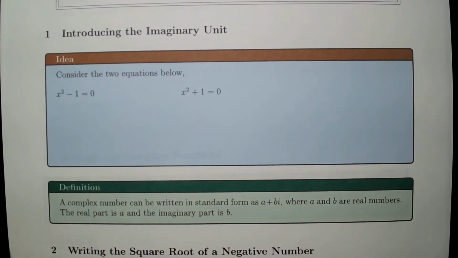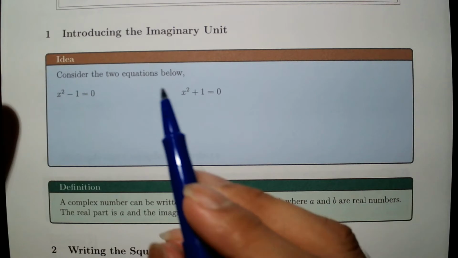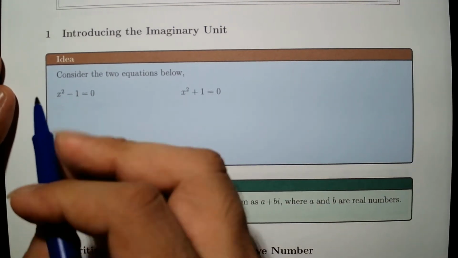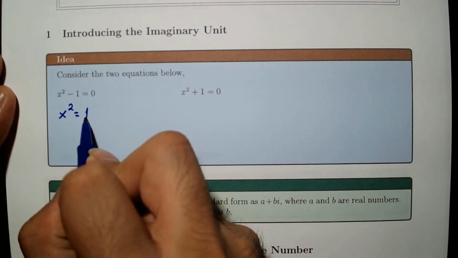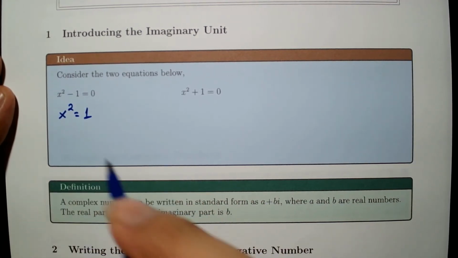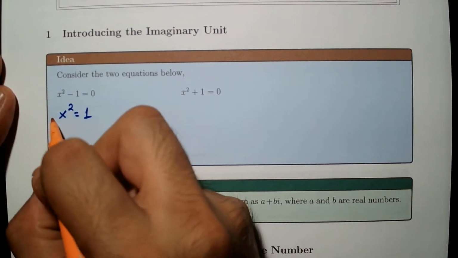Okay, let's consider these two simple quadratic equations. In this case, if we solve for the quadratic term, we get x squared equals 1, and then we apply the square root property.